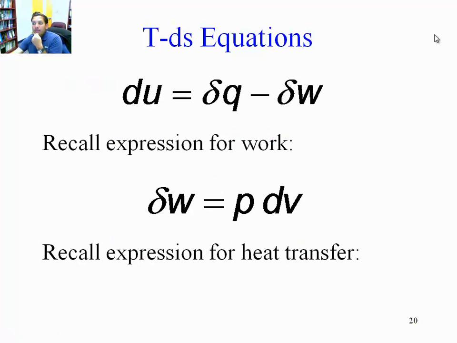Remember that the differential work is equal to PdV, because the work is the integral of PdV. And the heat transfer, according to the Clausius inequality, dQ is equal to TdS.